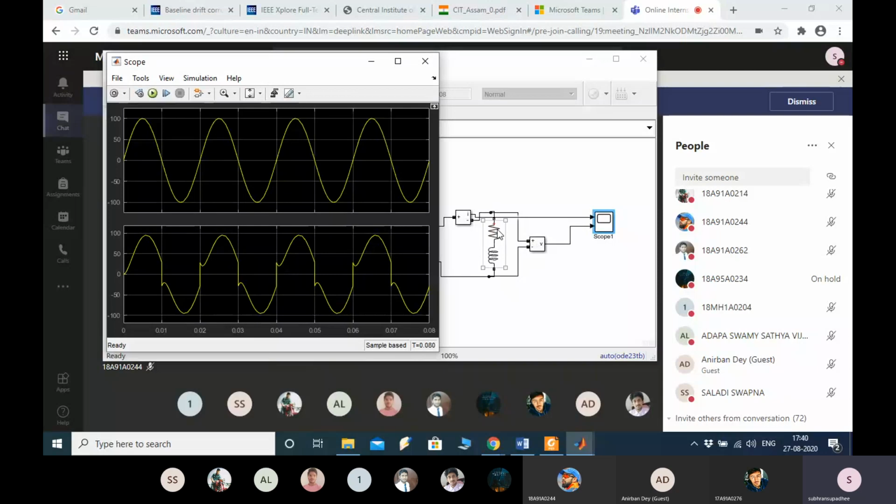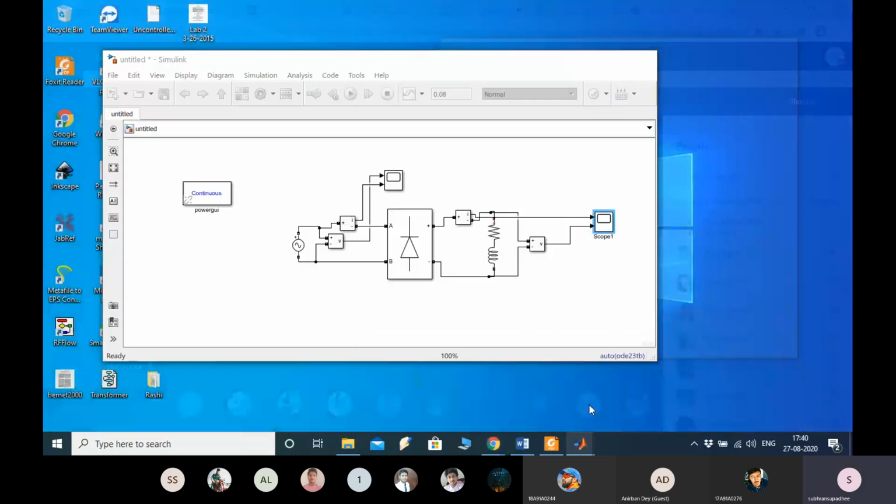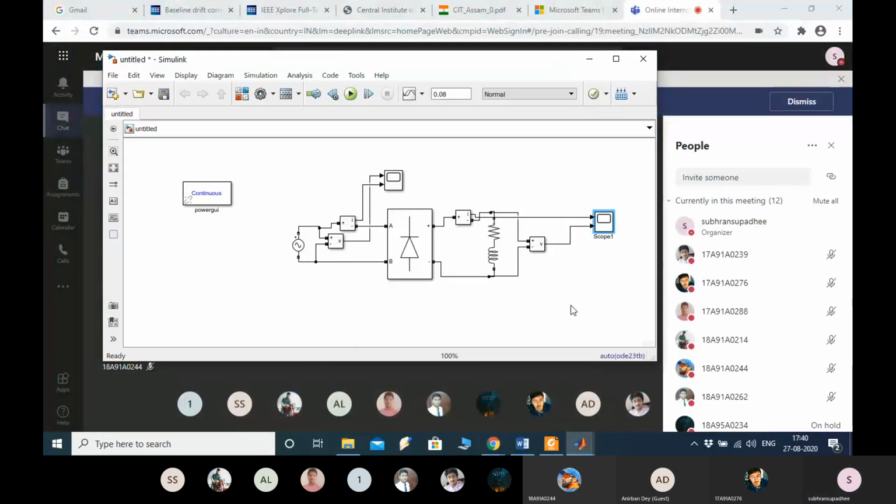Today we are not putting a DC motor, we are just putting an RL load for simplicity. In this RL load we are changing the inductance value and observing the source current and the THD, total harmonic distortion, of the source current. Let me know if any doubts are there so that we can move forward.